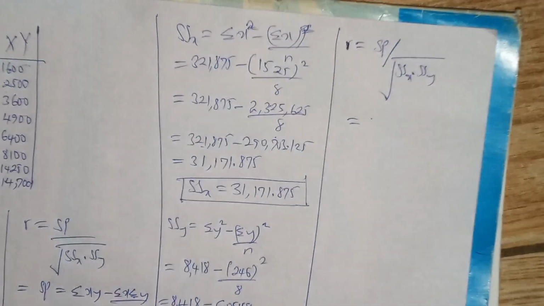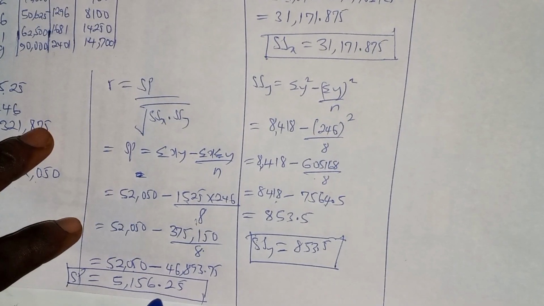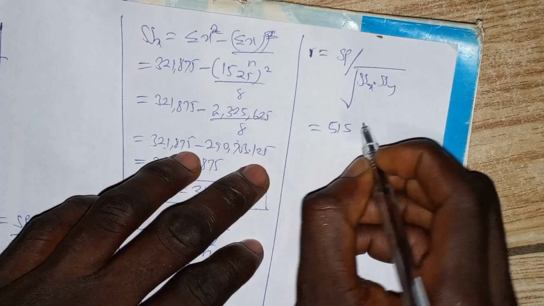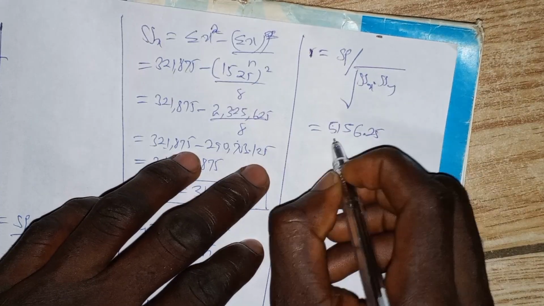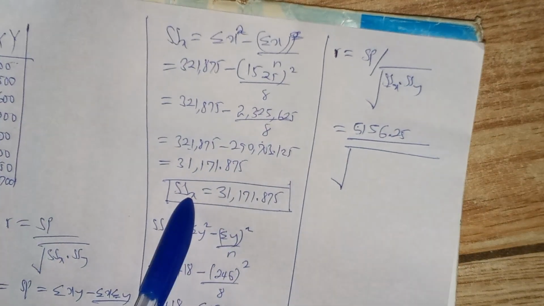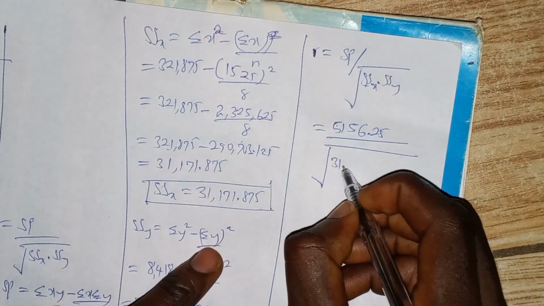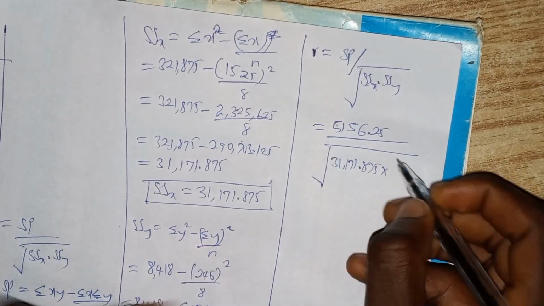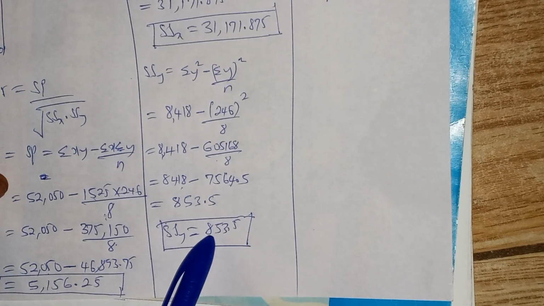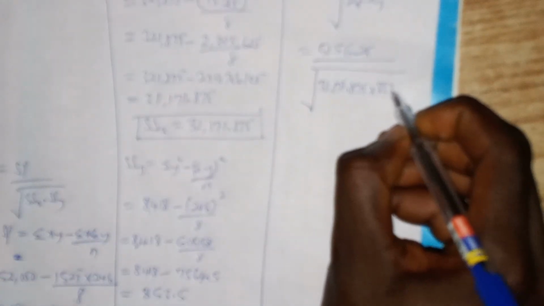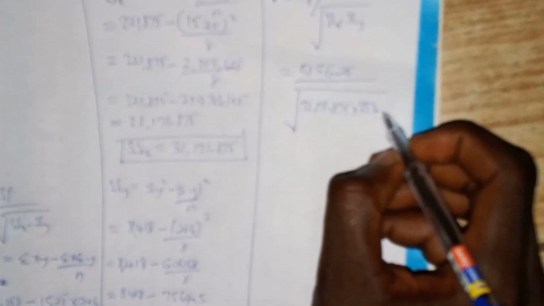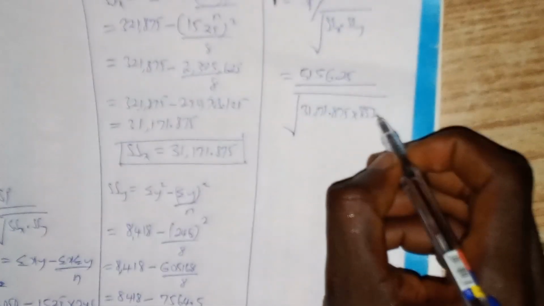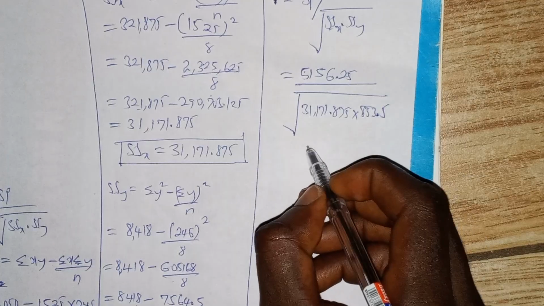SP is 5156.25 over square root of SSX, this, 31171.875 times SSY, 853.5.